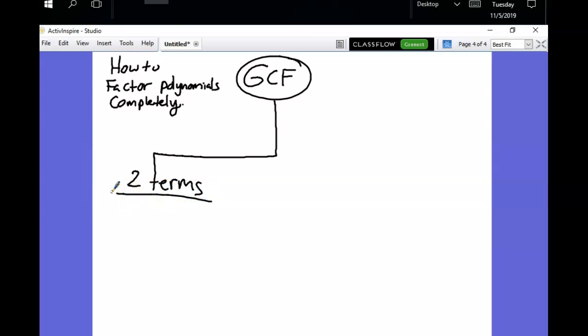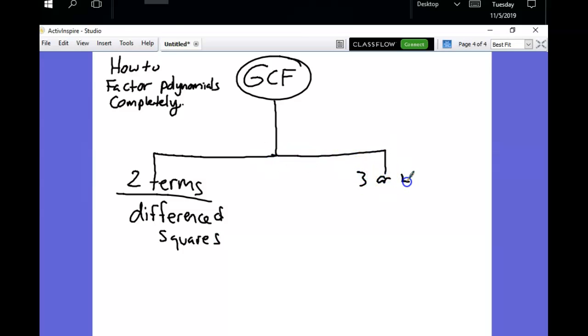it's probably a difference of squares. You guys should be writing this. It's probably a difference of squares. If you have 3 or 4 terms, it's going to be a box problem.